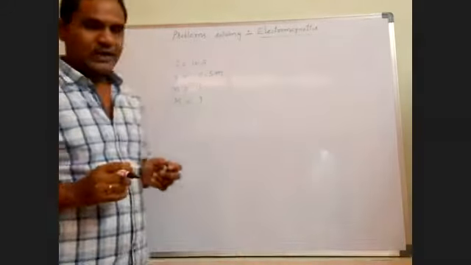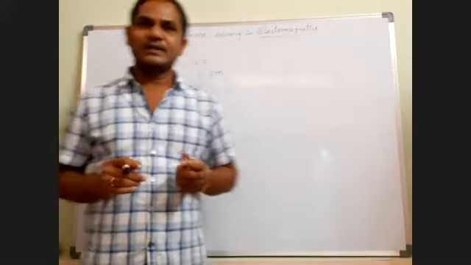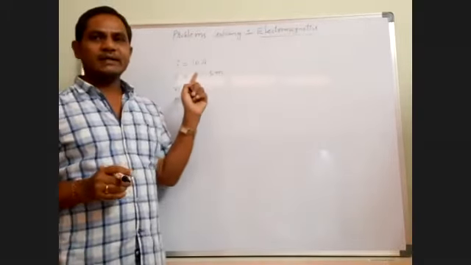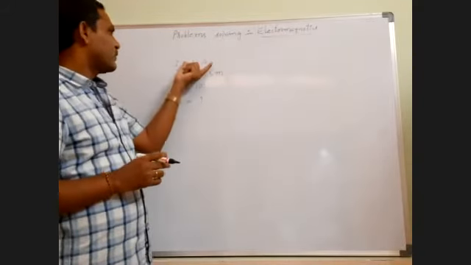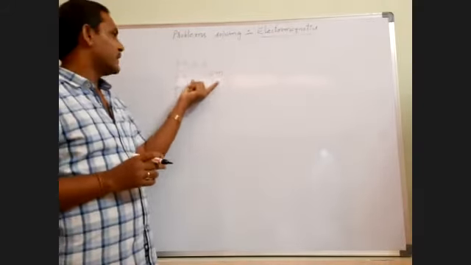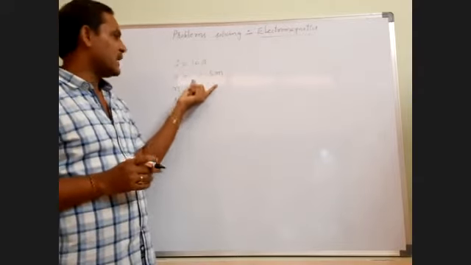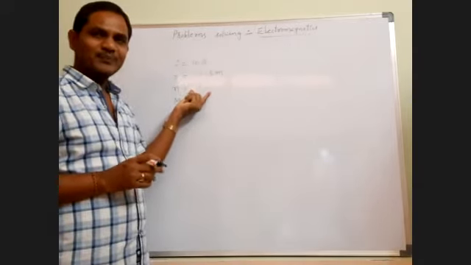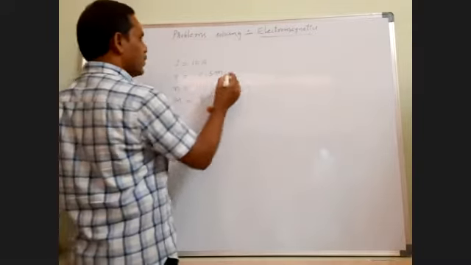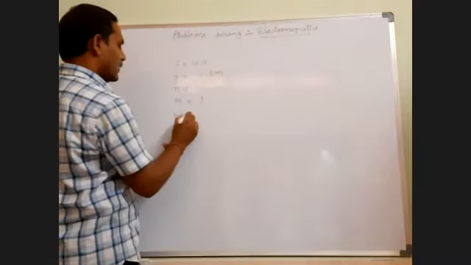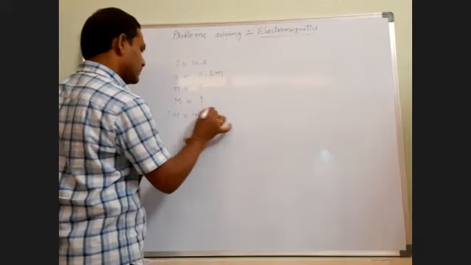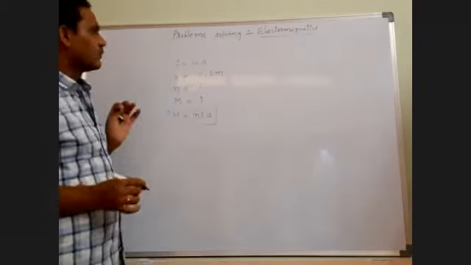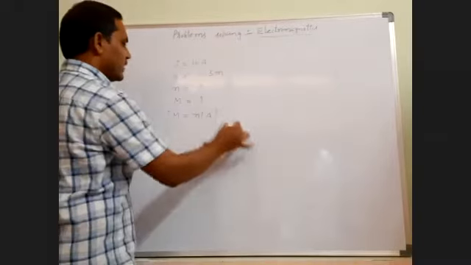Here we are discussing a current carrying coil. 10 amps of current is flowing through the coil of radius 0.5 meter, which has 10 turns. The magnetic moment of the current carrying coil is M is equal to NIA. Now we substitute the values.